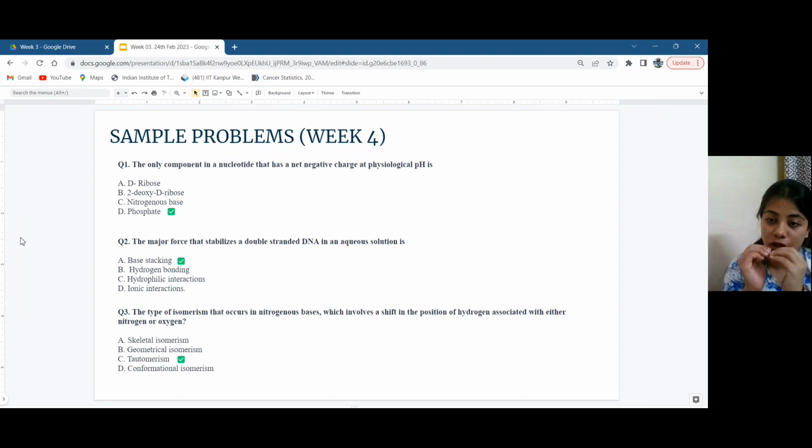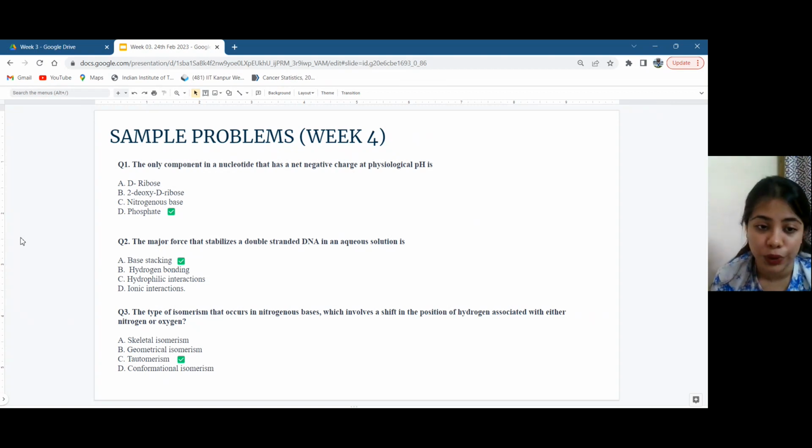Therefore, the formation of one base pair cooperatively supports the formation of the next base pair, and this keeps on continuing until you have the entire double-stranded DNA structure. So that is what will stabilize the dsDNA structure in an aqueous solution, and therefore among all of the other options, the base stacking interactions have the most crucial role to play under these circumstances.